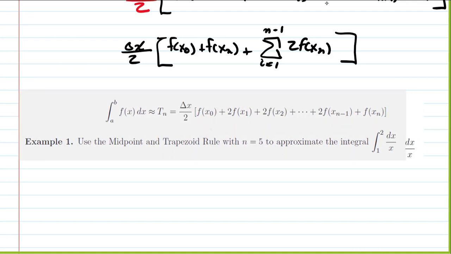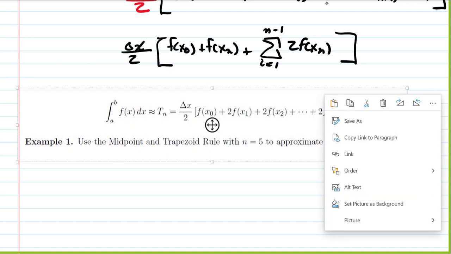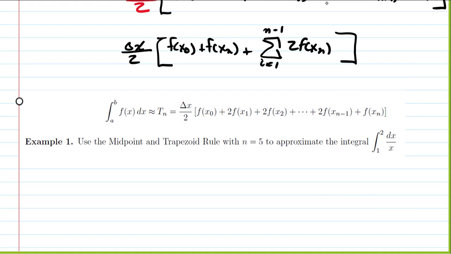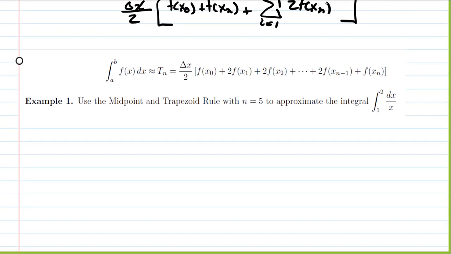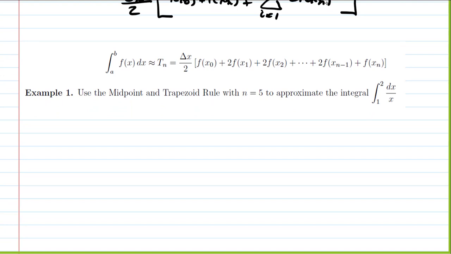We will like the sigma notation to help us. So the integral from a to b of f of x dx is approximately equal to T sub n, the trapezoid rule using a partition of n, and we have delta x over 2 times the sum of all of those fun things. All right, so to use this formula, we need to calculate delta x.